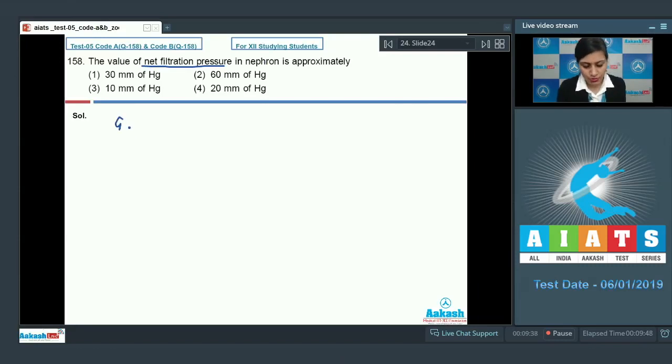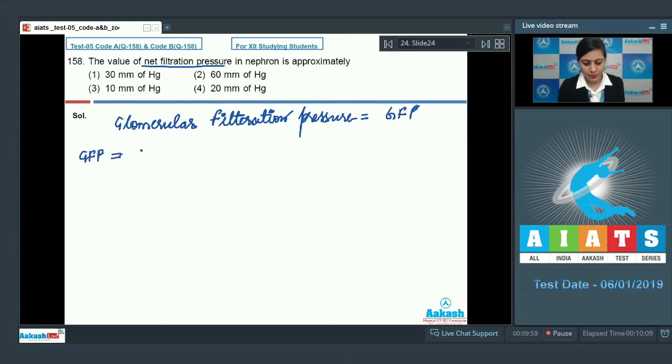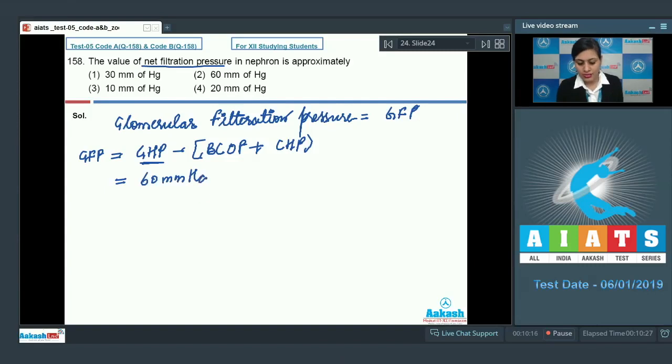This net filtration pressure is also known as glomerular filtration pressure or GFP, and this GFP is given by glomerular hydrostatic pressure minus blood colloidal osmotic pressure plus capsular hydrostatic pressure, which is equivalent to this glomerular hydrostatic pressure is near about 60 mmHg minus this blood colloidal osmotic pressure is near about 30 mmHg, and this capsular hydrostatic pressure is near about 20 mmHg.